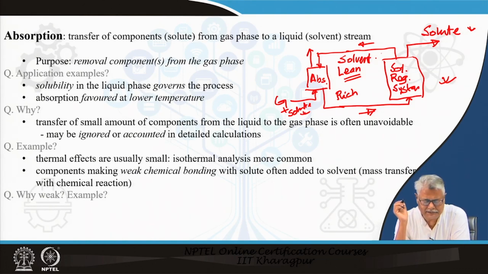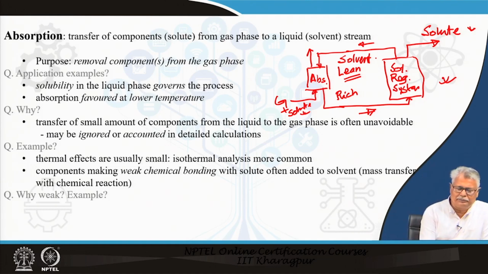So, what happens is, we do not want a permanent chemical bonding, because if we have a permanent chemical bonding between the solute and the component, in that case it will be very difficult to remove the solute and regenerate my solvent. That is why the bond required in this particular case is weak.